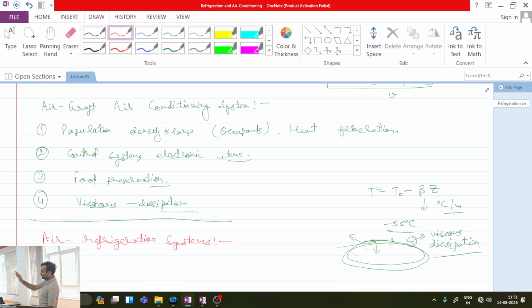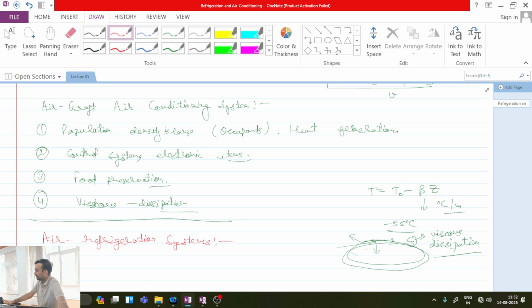The first reason is, for operating an air refrigeration system, what key components do you require? Compressor and turbine. In your aircraft engine, we have a big compressor and big turbine already there. So the same compressor can be employed for compressing the air for the air refrigeration system.